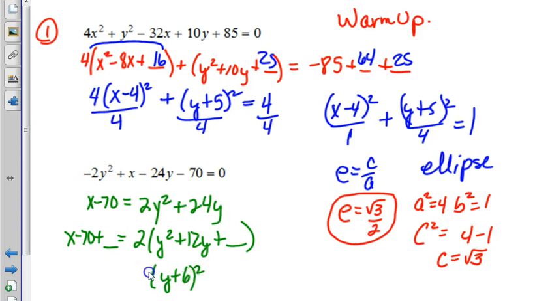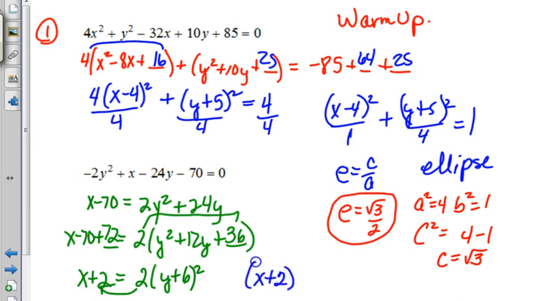Six, which makes this 72. And then if we wanted the form that was on our sheet, we would divide the 2 over here, so it would become a what? One half, yes? Anybody awake out there?